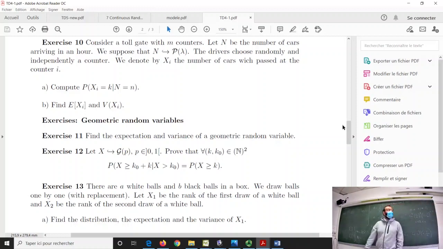So here, if I change this hypothesis by what you want, of course I obtain exactly the same thing. It's not the distribution of capital N that has an influence on this conditional probability. The only thing that interests me is that I have small n cars arriving, and then repetition of n experiments independently, with success or not.